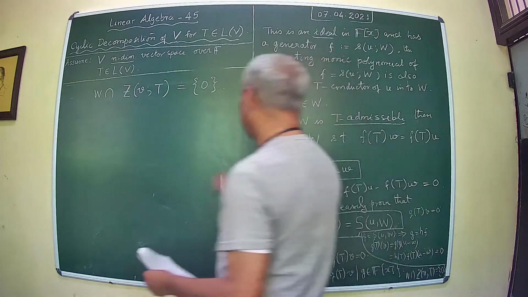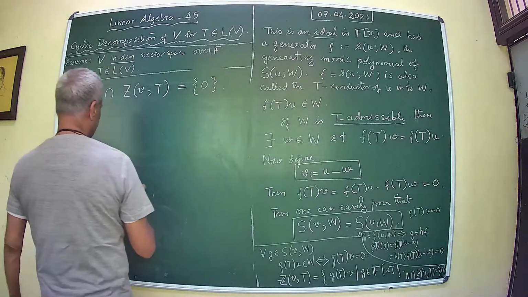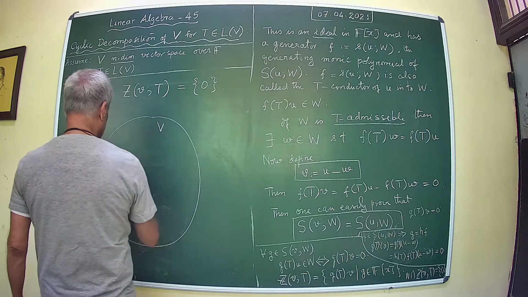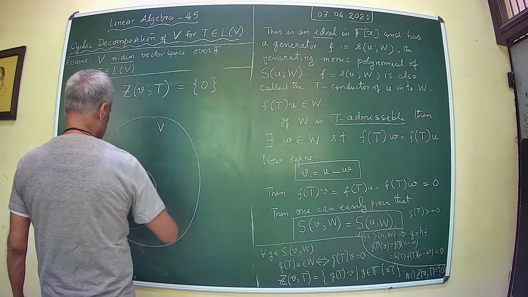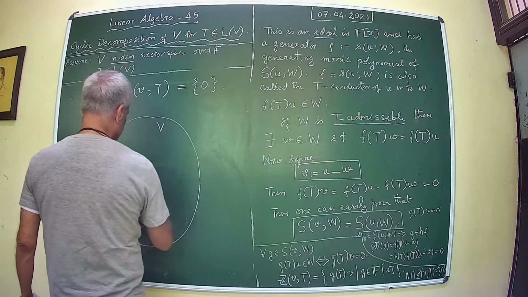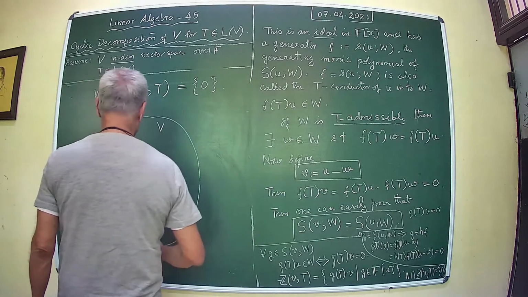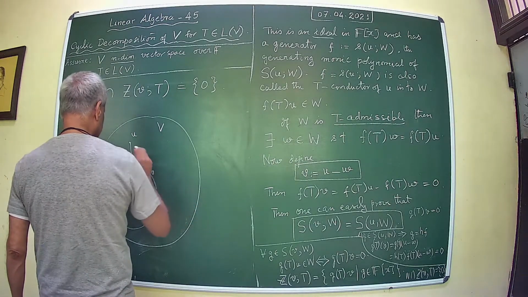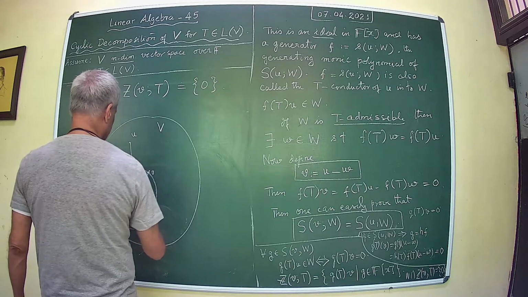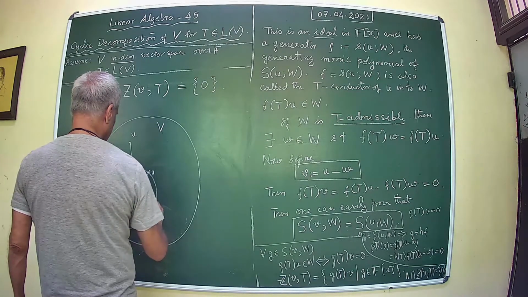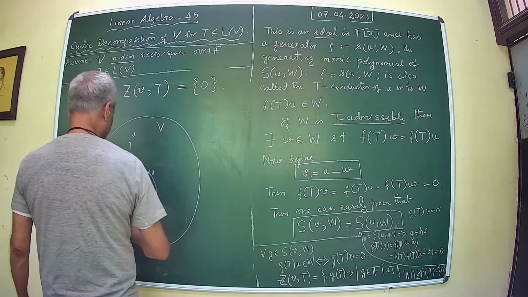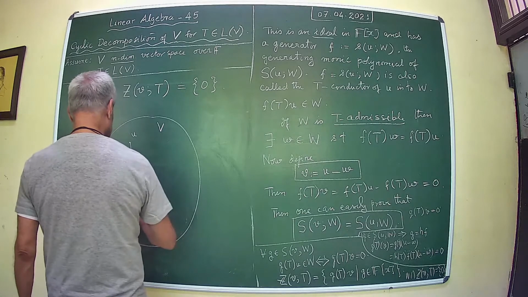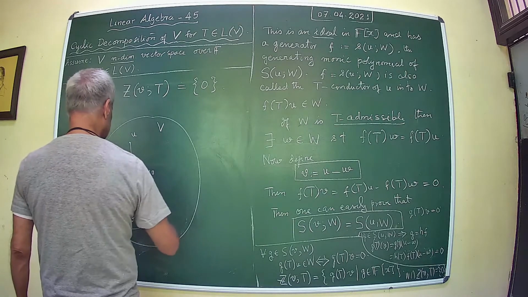So the whole picture emerges with this. You have V. Now this is already there. There is the 0 element. Now what we do is we start with a U. U is mapped into... then you have a V, a W, which is also mapped into the same element.